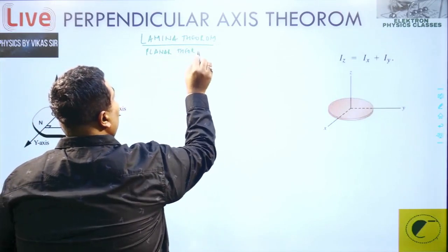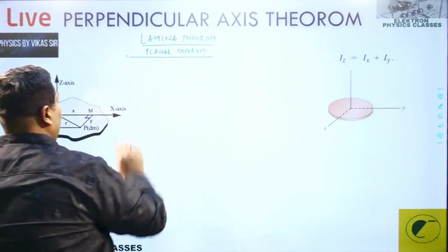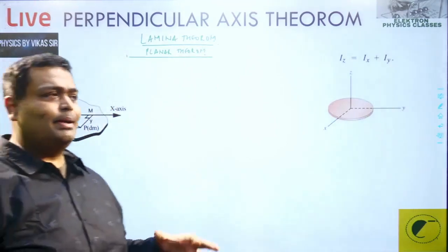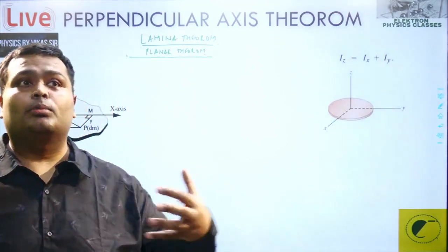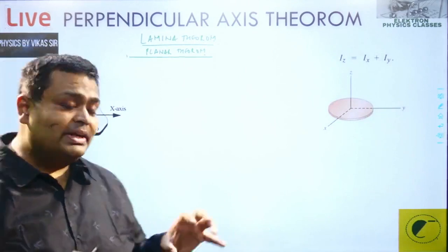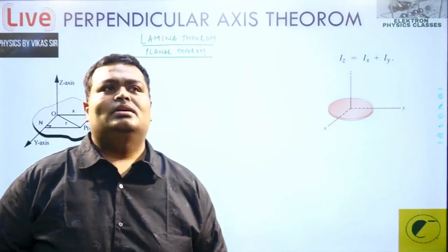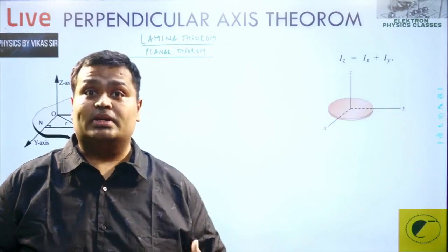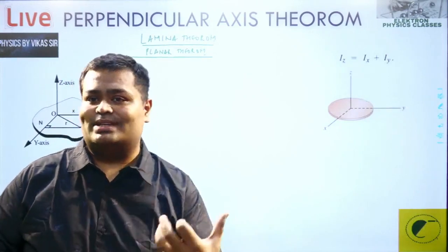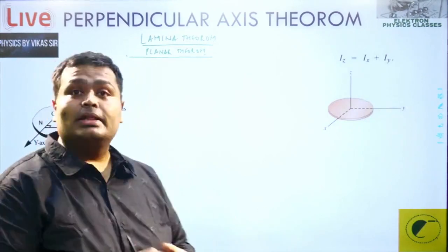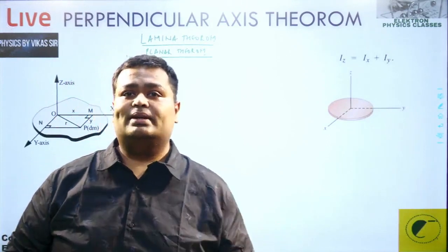It is applicable only for planar bodies. We also have a 3D theorem for this, but we don't get questions from the 3D part. It's the 2D which is in our syllabus. That's the lamina theorem, the perpendicular axis theorem.